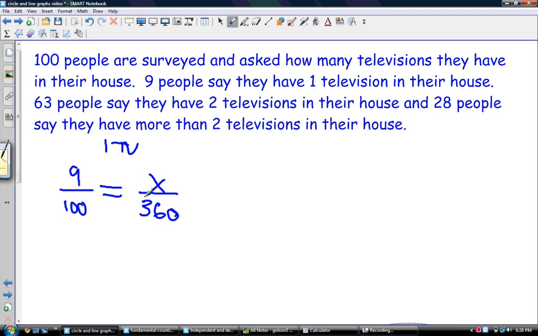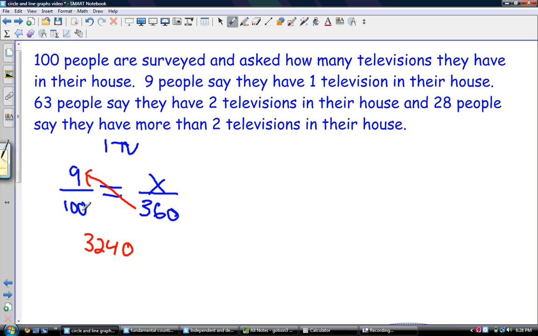I believe we did some proportions last year, and the way you solve those is by cross multiplying and then dividing. And so I start by cross multiplying, which means I'm going to do 360 times 9. When I do that, I should end up with 3,240. So I'll put that down here, 3,240.